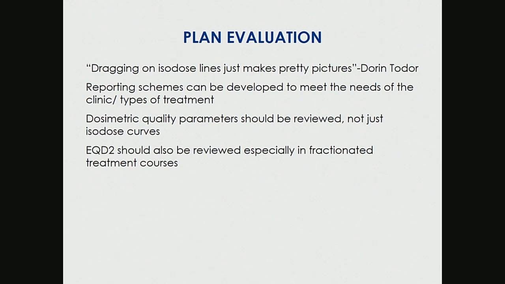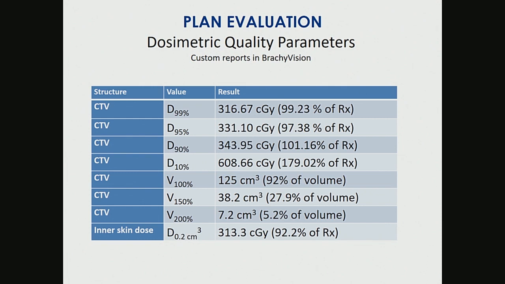As Jay was saying, EQD2 can also be reviewed, and we find this very useful for our fractionated GYN treatments. This is not an endorsement of the Brachyvision system, but within Brachyvision, we have made custom reports for each treatment. This is our custom report for a contour-based balloon treatment.